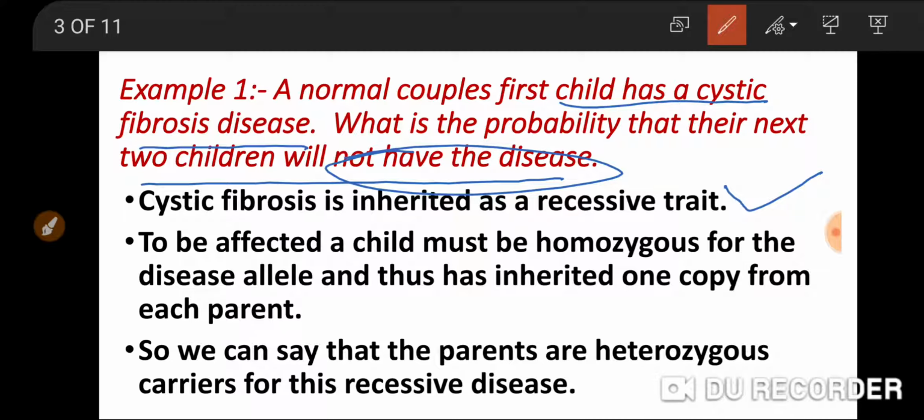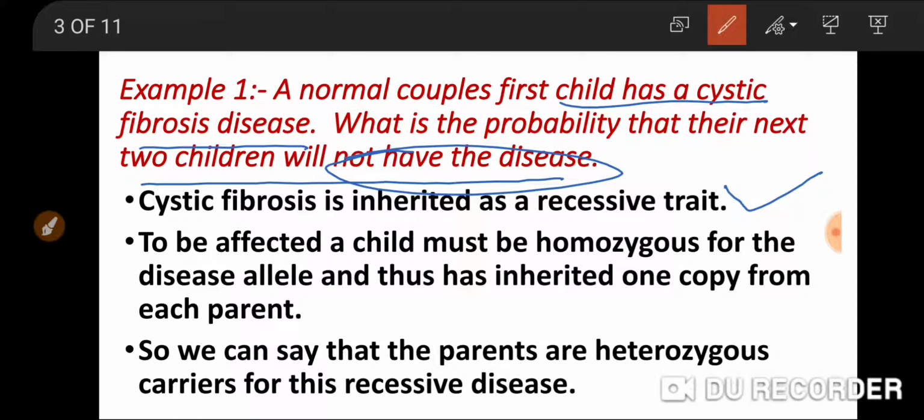I will repeat that the affected child, suffering from cystic fibrosis, has inherited one copy of the recessive allele from each parent.